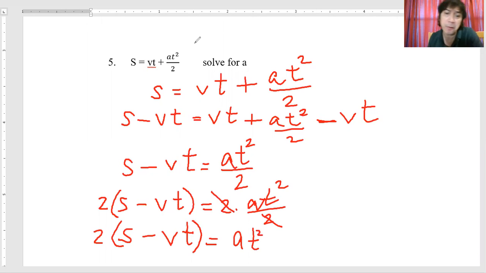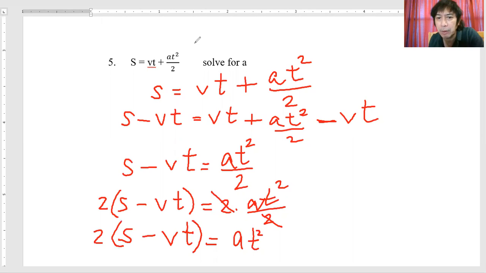We're almost done. We now have a t squared on the right side. We only need to move away the t squared. Now you ask yourself, is it add, subtract, multiply, or divide? a and t squared are being multiplied, so you will use divide. So that t squared will cancel out. So you just have to decide which of the 4 operations you need to do in order to reach the next simplification.